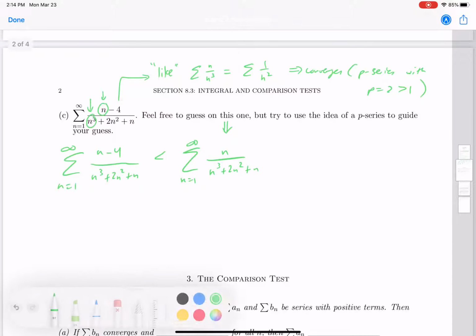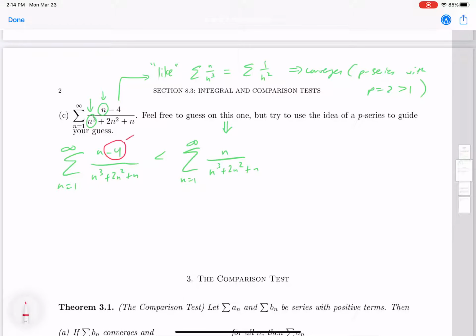Because every time that I'm doing a minus 4 over here, that makes it smaller. So if I remove that minus 4, I'm going to get an expression that's a little bit bigger. And similarly, what if I took away the 2n squared plus n from the denominator?